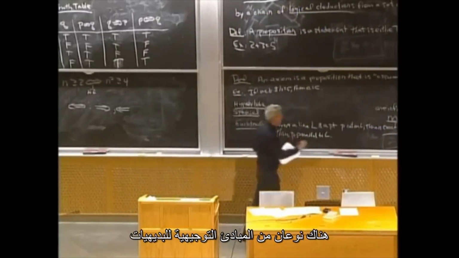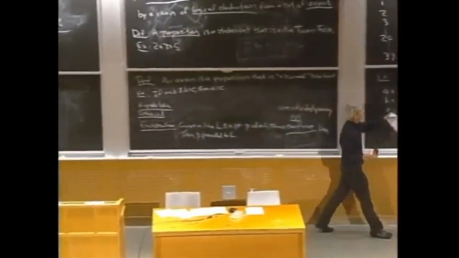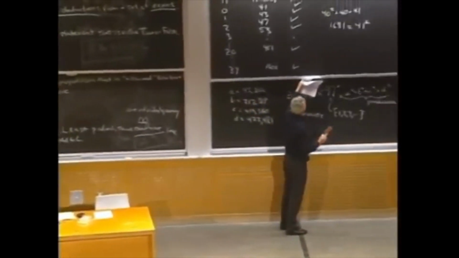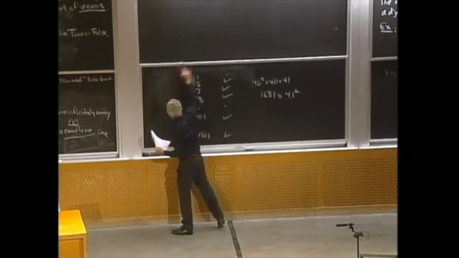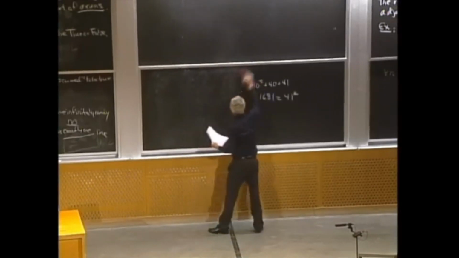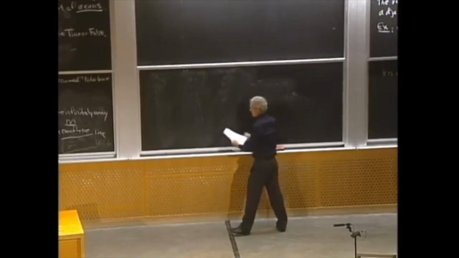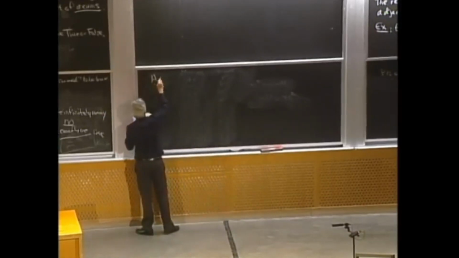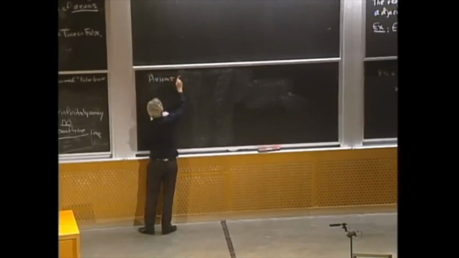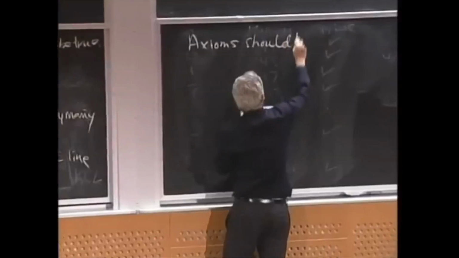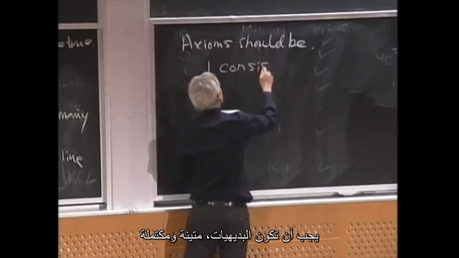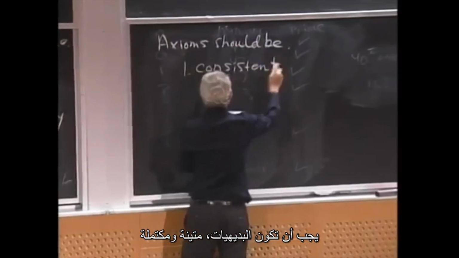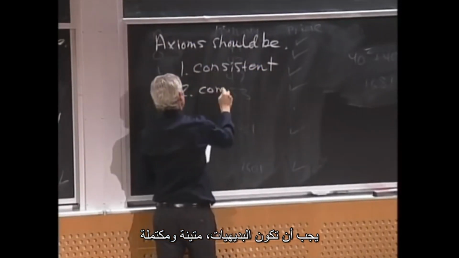There are sort of two guiding principles to axioms. Axioms should be, it's called, consistent and complete.